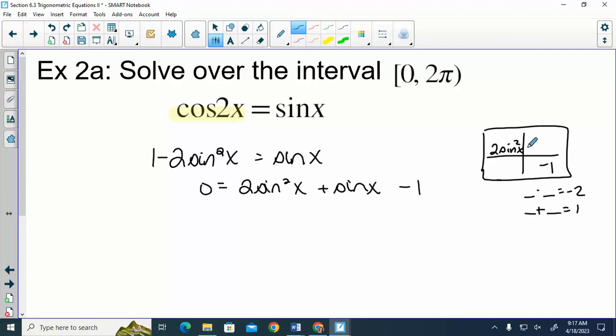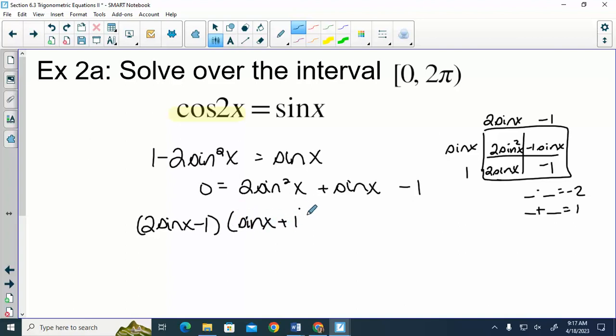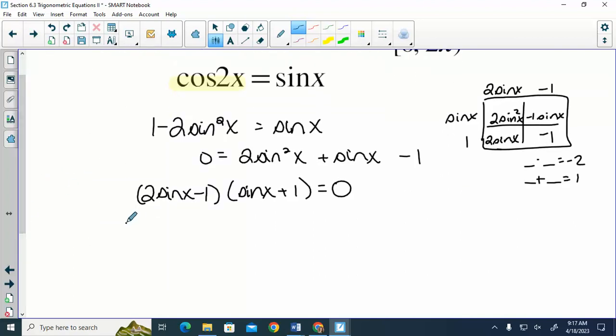So factor, we get 2 sine x minus 1, sine x plus 1. Right. Now we have two things multiplied equal to 0, so we set each one to 0.